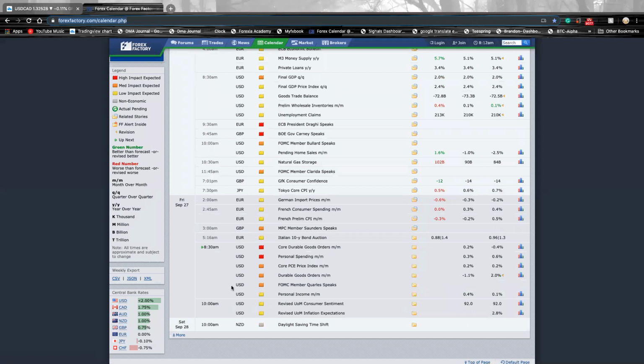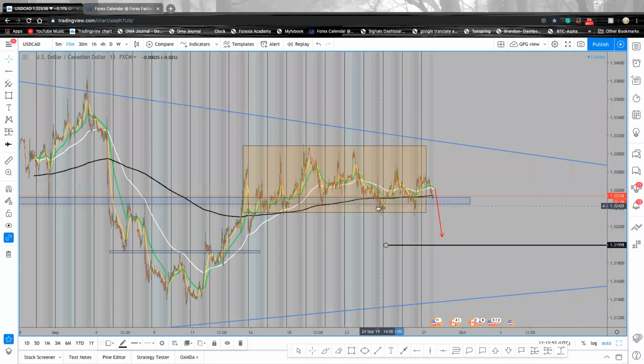Usually, like NFP, you can see USD news here, and then right away CAD news at the exact same time. And those are when you have to think harder a little bit about a potential whipsaw. But I don't think it's going to be a whipsaw. I think they're going to shift the price down.